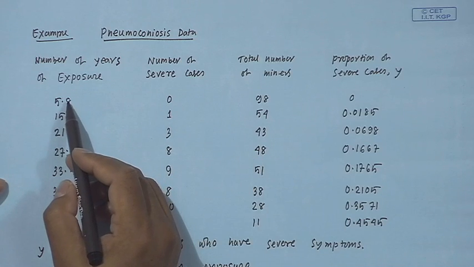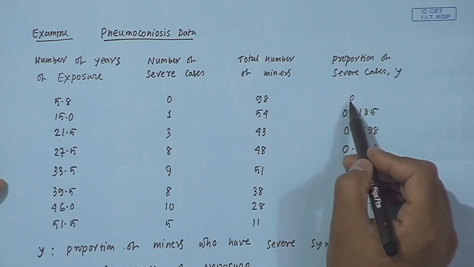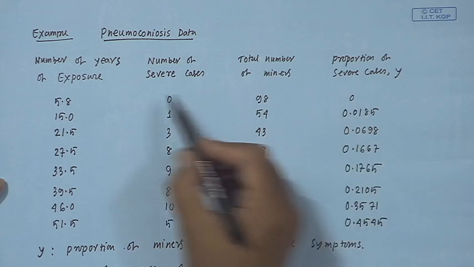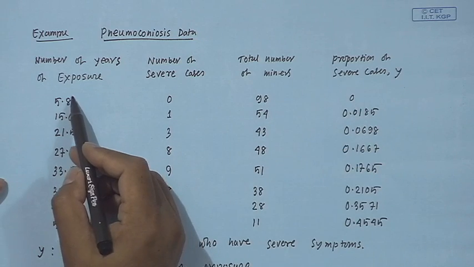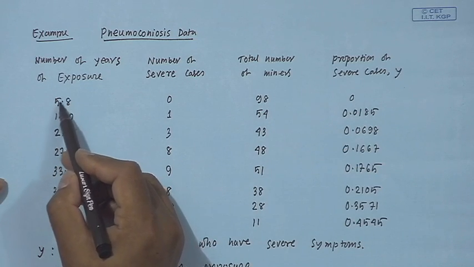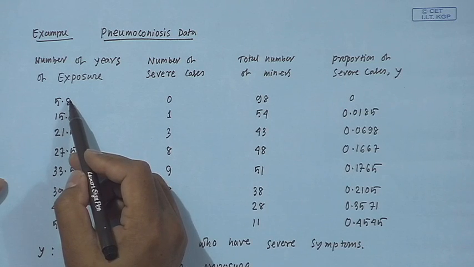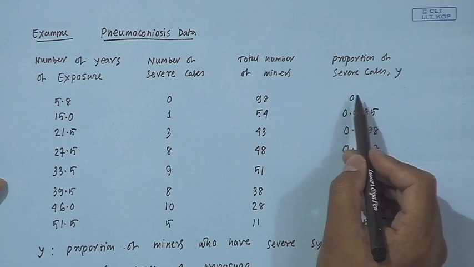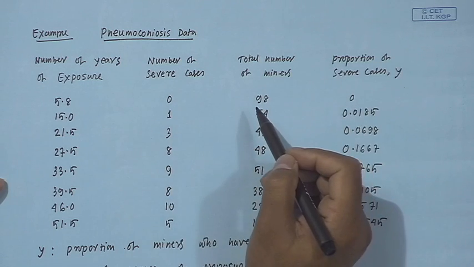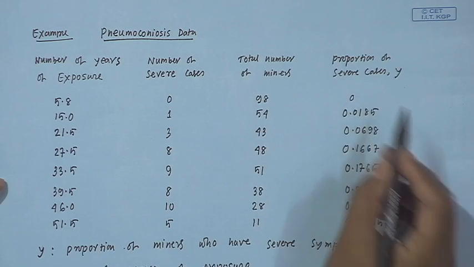Then the proportion of severe cases: y is the proportion of severe cases, and that is 0 by 98, which is 0. So, if the number of years of exposure is 5.8, or say 6 years, then the probability that somebody will be severely affected by pneumoconiosis is like 0.